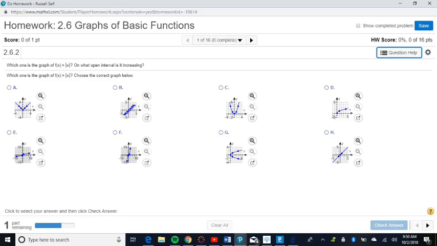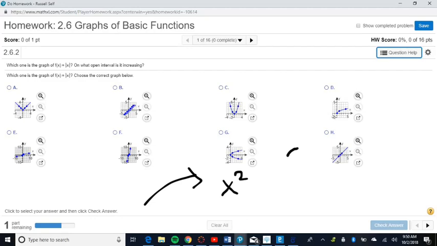So what we're asked is, which one is the graph of f of x equals the absolute value of x? So the absolute value of x, and remember, absolute value can never be negative. It's not that little curved line. That one is actually the squaring function.